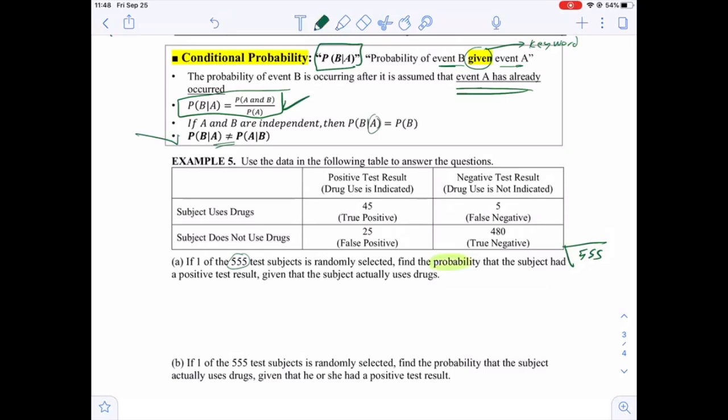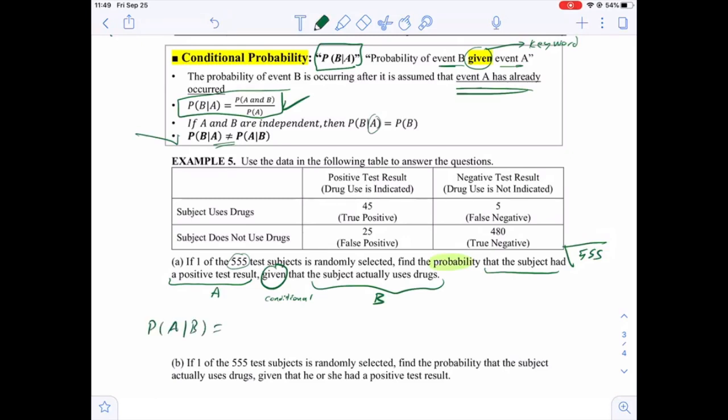Now we start defining the events. The probability that the subject had a positive test, let's call this event A, given that the subject actually uses drugs, this is event B. So we want to find probability of A given B.